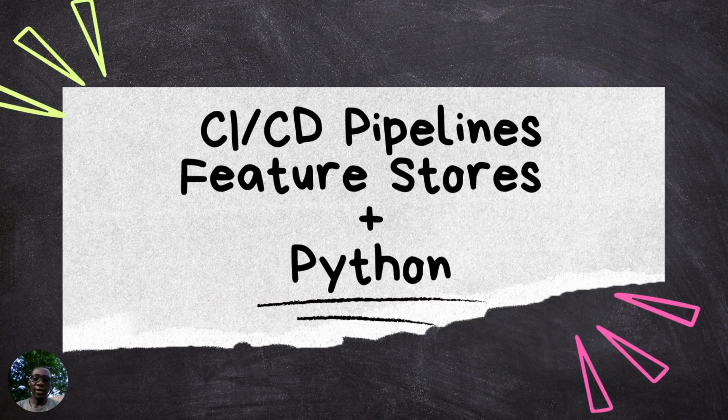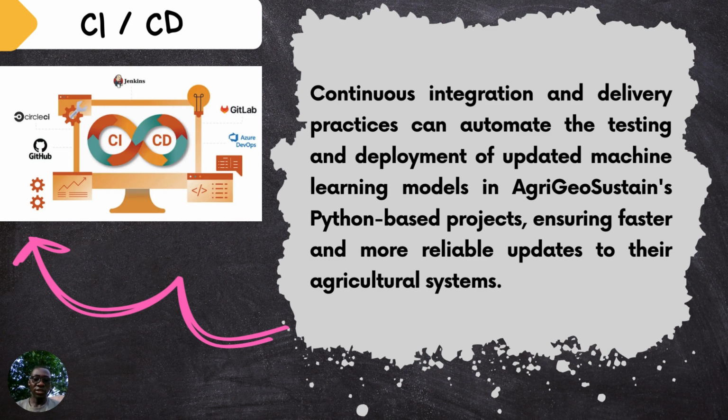If we look at the continuous integration and delivery, that is CI/CD pipelines, feature stores, plus Python. Python is our language we are using for this modeling. With CI/CD practices, we can automate the testing and deployment of the updated machine learning model in the AgriGeo project, using Python-based projects, thereby ensuring faster and more reliable updates to agriculture systems.